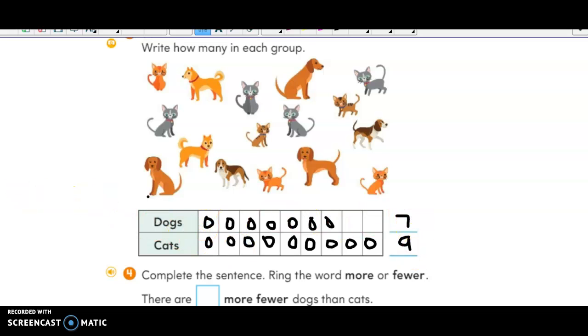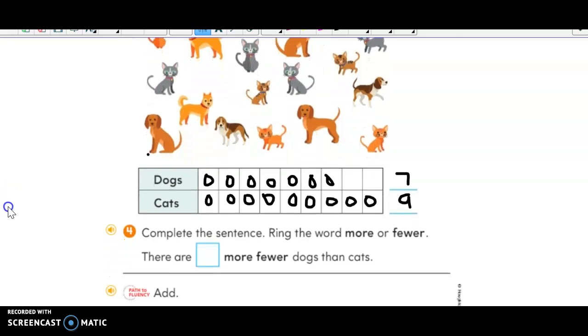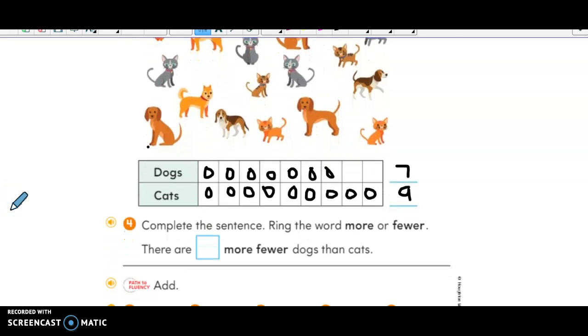So now we have to follow the directions, and it says complete the sentence. Ring the word more or fewer. Okay, so we have to figure out how many more dogs and cats or how many fewer dogs and cats. And we can do that by seeing which ones are the same, like we've been learning in the past.